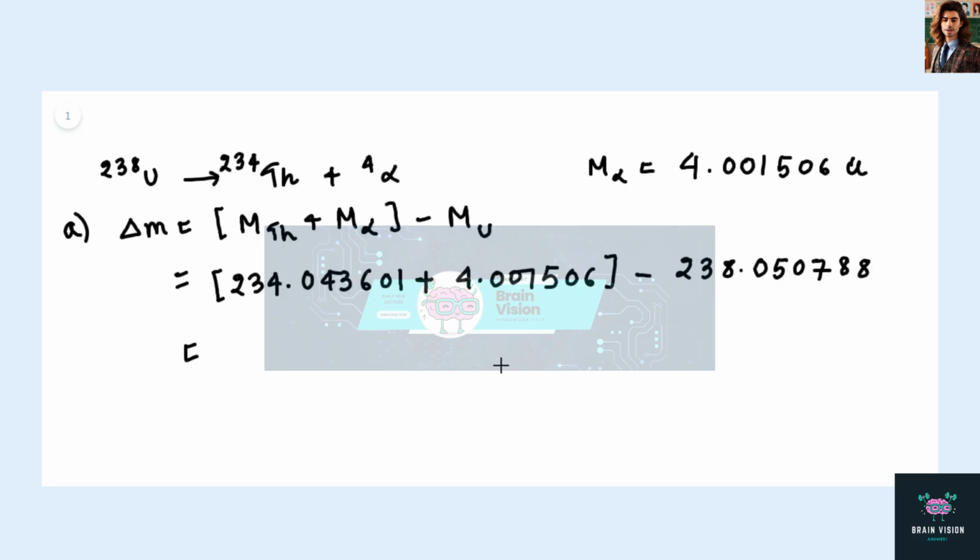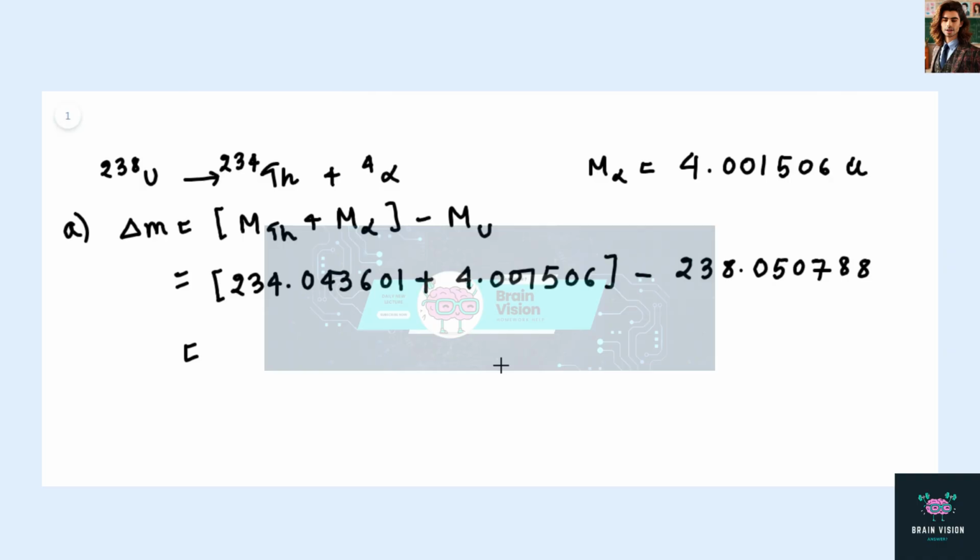I will use my calculator and you can use yours. So it's 234.043601 plus 4.001506.